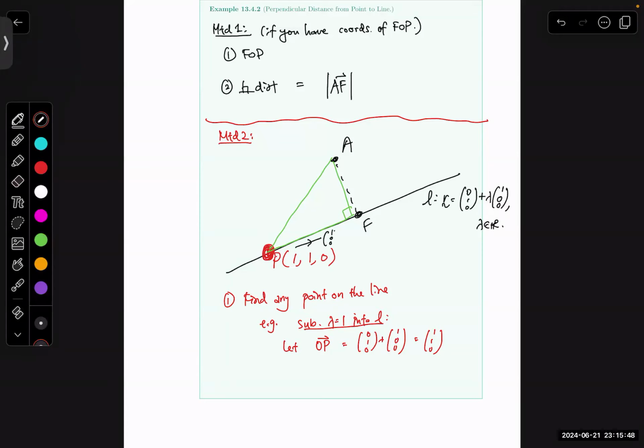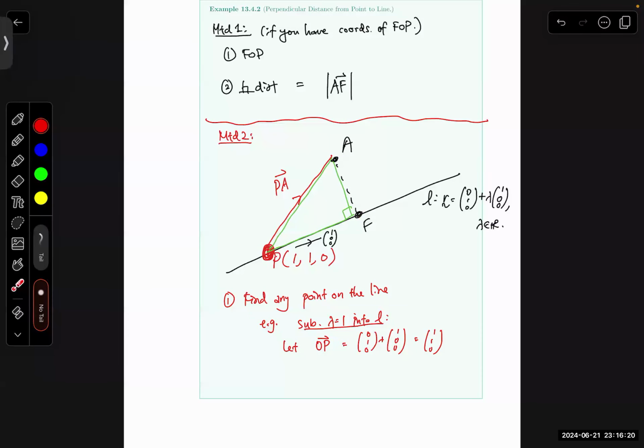This is my direction vector of the line. Now recall just now we talked about how dot product, we kind of smash this vector. The vector I'm talking about here is vector PA. We can smash this vector PA into the line. But that's not what I'm interested in. I don't want the length of projection. I want the perpendicular distance. So what is the opposite way?